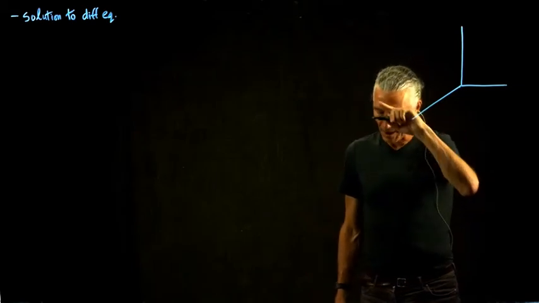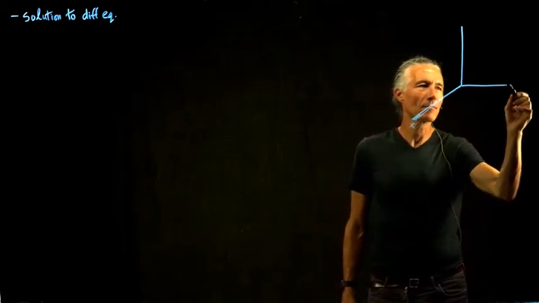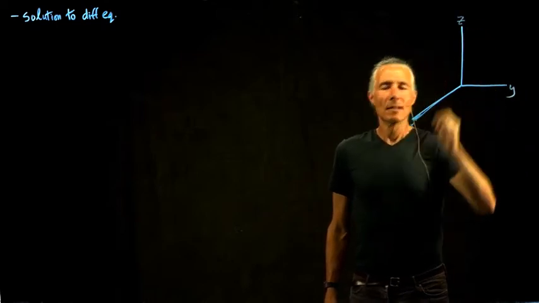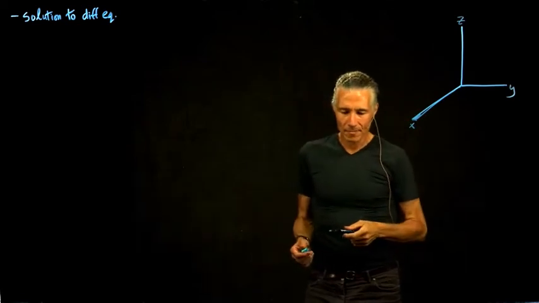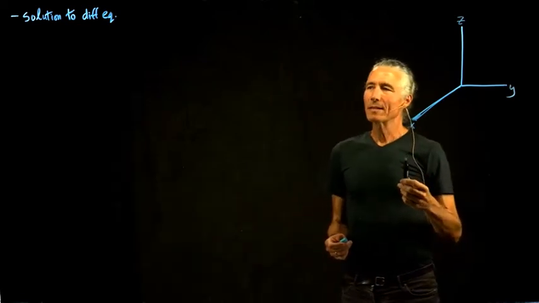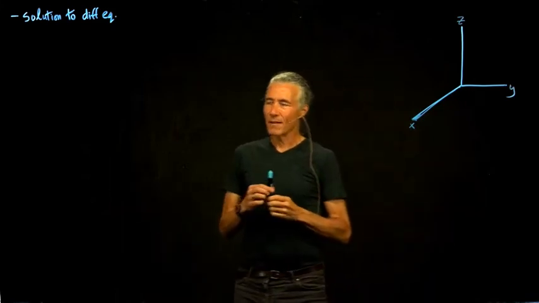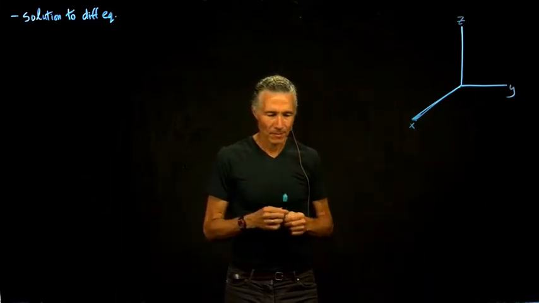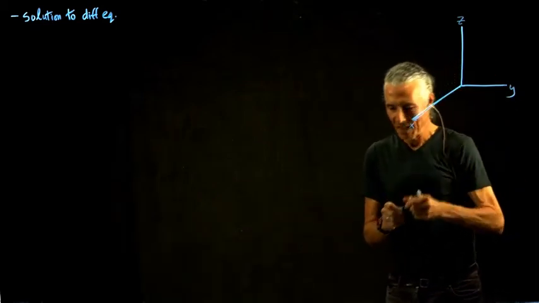If we draw our coordinate system here with the x, y and z axes, I'll make two drawings. The first drawing is what happens to the magnetization when you do the RF excitation.